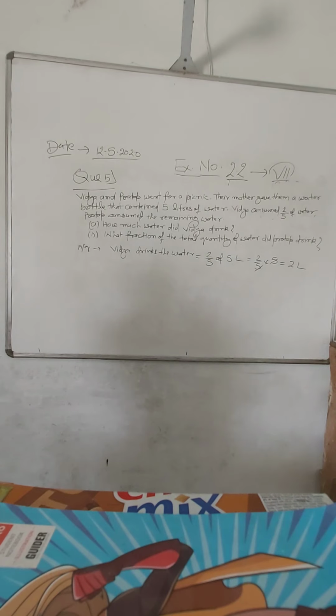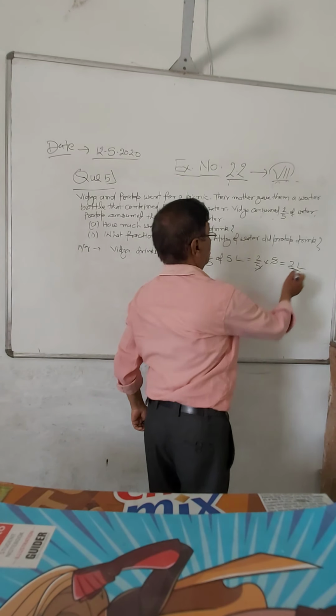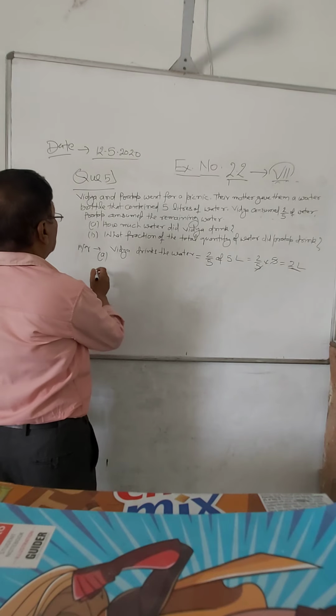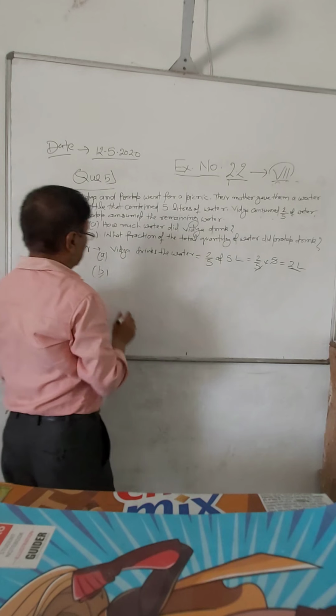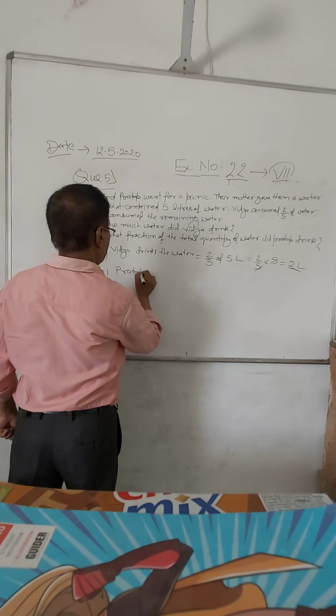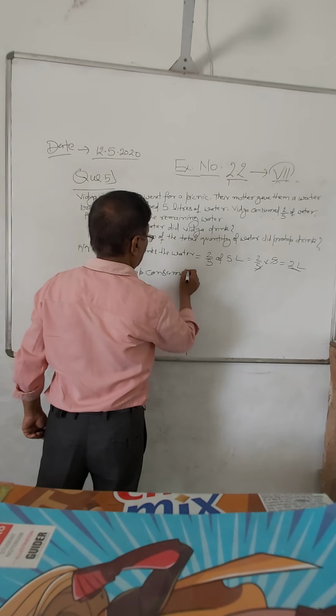Now, last question for you. Now 2 liter water Vidya consumed. Now question number A का सॉल्व हो गया. Question number B, what fraction of the total quantity? Now Pratap consumed how much water?